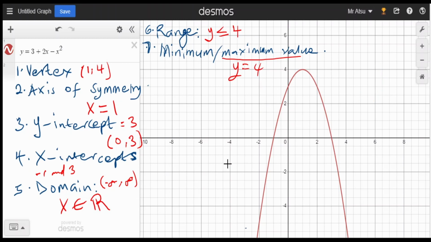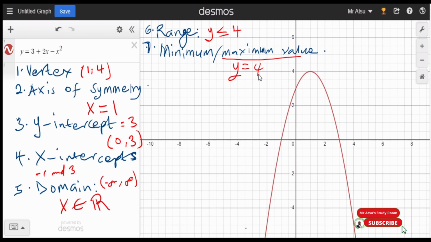These are a few vocabularies I would like you to know about a parabola. Just to recap quickly, we spoke about the vertex, which is the peak or apex of the parabola, and we showed the coordinate here.